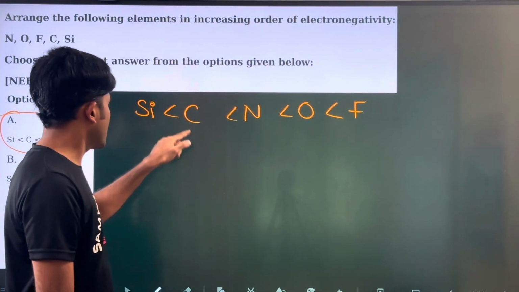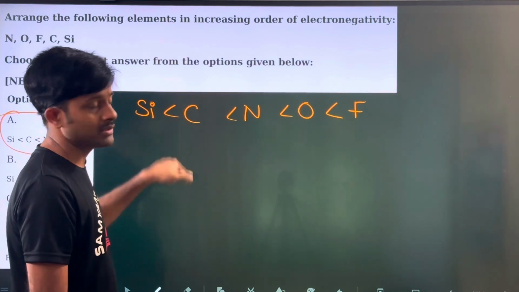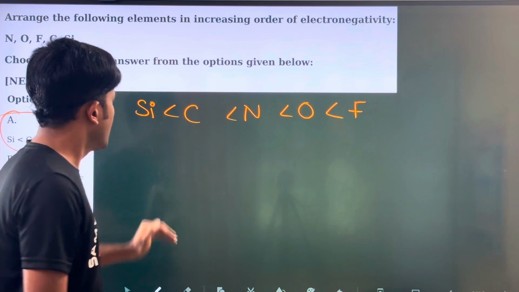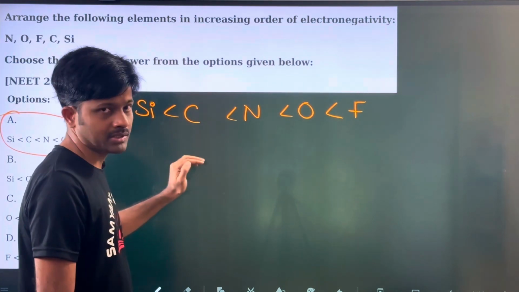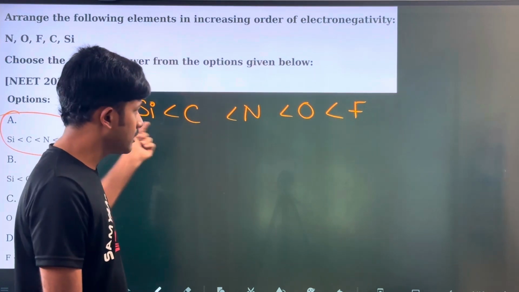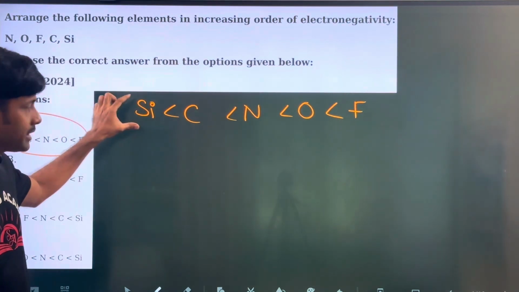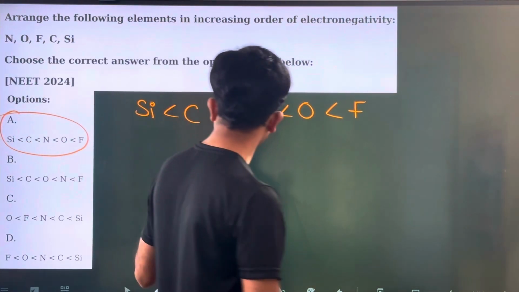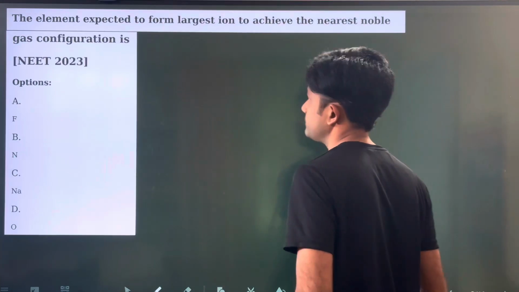Silicon will come under the carbon group: carbon, silicon, germanium, tin, lead. Silicon has more atomic size compared to carbon, so among all these elements it is bigger in size and has lesser electronegativity. That's all. Then move on to the next one.